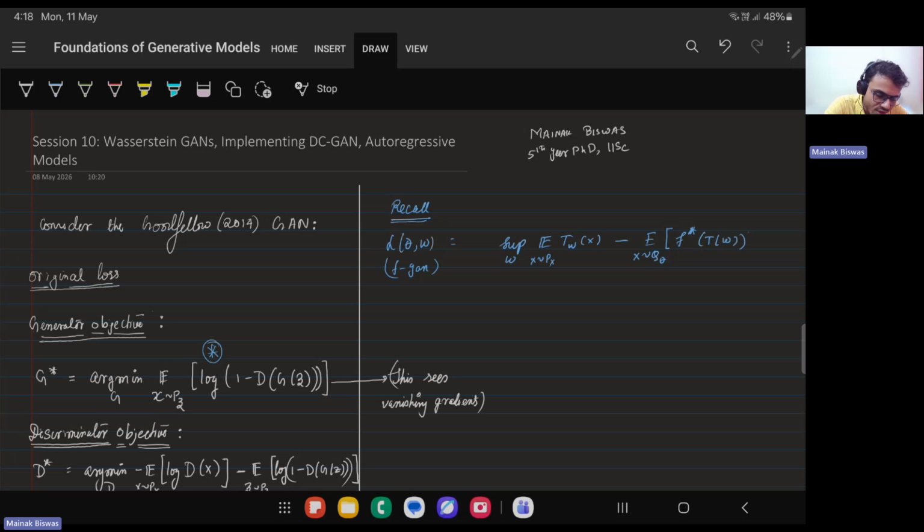And we have seen this conjugate function time and again. This is the Fenchel conjugate. We have seen its derivative properties, and so on. And this is the infimum over all theta.